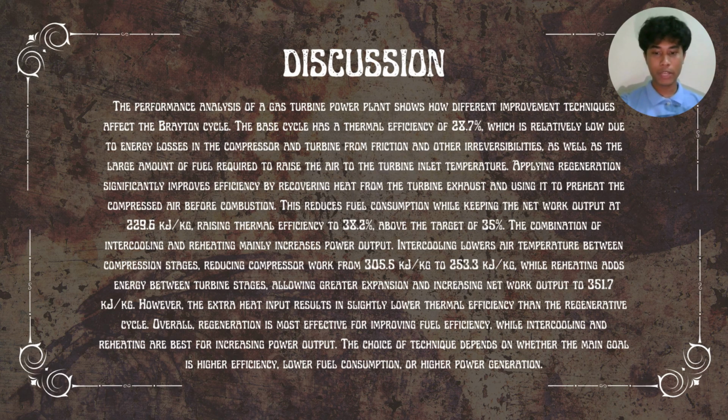Reheating adds heat between turbine stages, allowing greater expansion in the turbine. Because of this, the net work output increased significantly to 351.7 kilojoules per kilogram. However, the additional heat input causes the thermal efficiency to be slightly lower compared to the regeneration cycle.